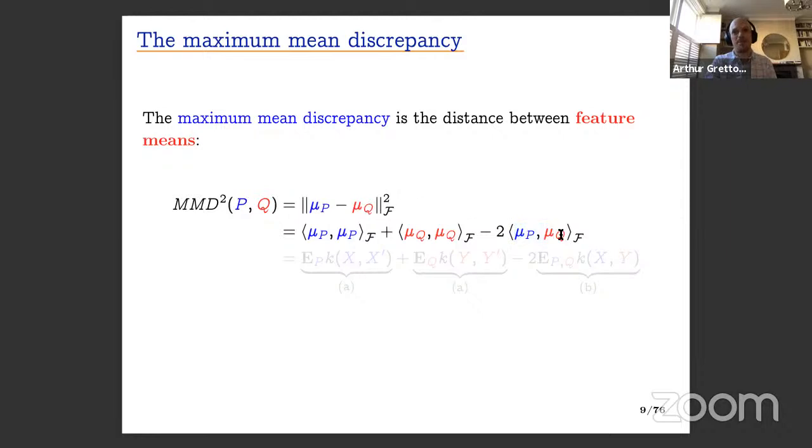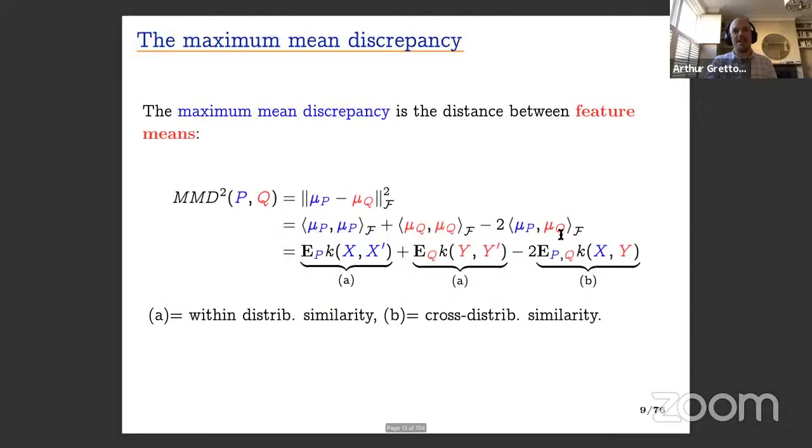Okay. Now we're going to use the result from the previous slide to get a sum of 3 expected kernels. So expected kernel of k of x with itself, expected kernel of k of y with itself, expected kernel of x drawn from p with y drawn from q. This notation here is a little bit subtle. What I mean by this is that x and x prime are 2 random variables, both with the distribution p.